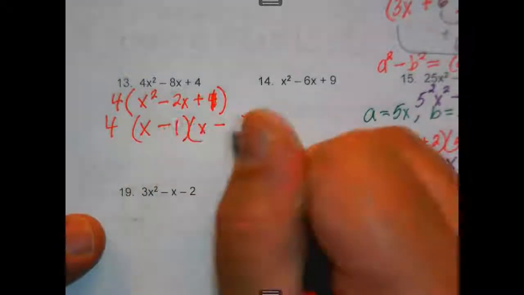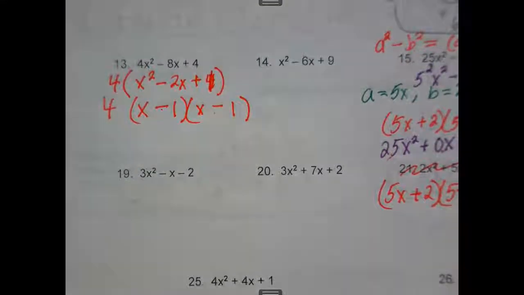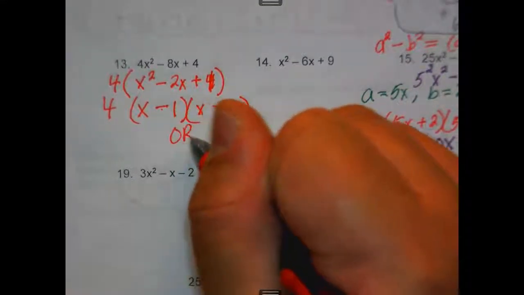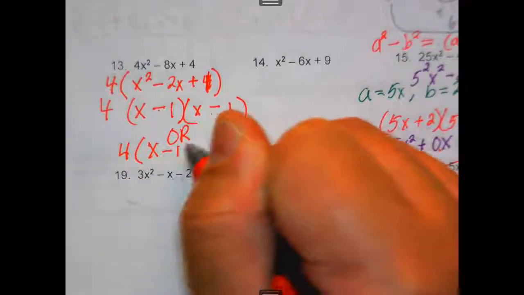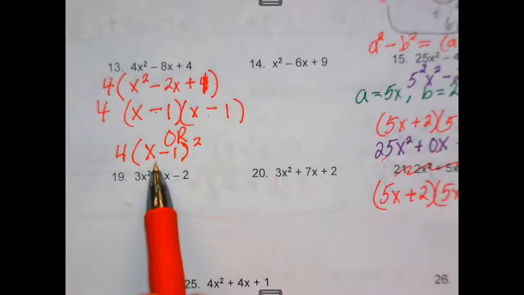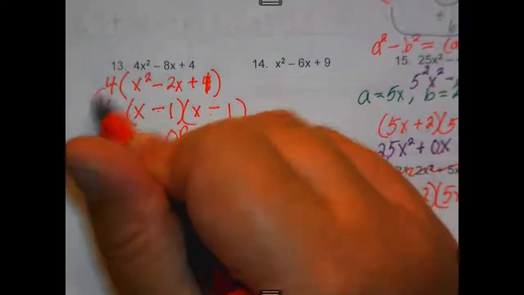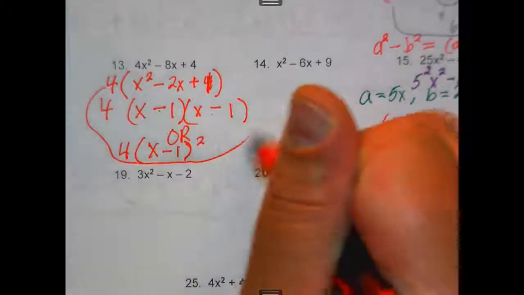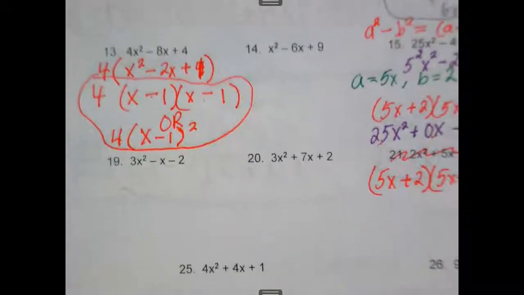That's right, 1 times 1. You guys are awesome. Okay, you can leave it like this, or you can combine the x minus 1s. They're squared. Now, later on, you're going to learn to use this form, so you might as well get used to it. But I'll take either one of those for now.